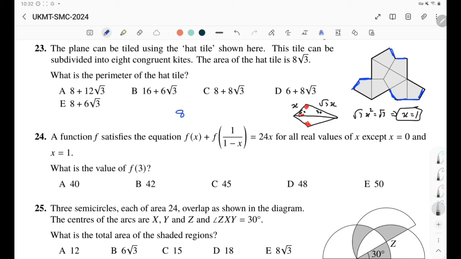Now how many big sides? 1, 2, 3, 4, 5, 6. So that's 6, so 6 root 3. Looking at the answers, we see that it's 8 plus 6 root 3. It's E. So the answer for question 23 is just E.